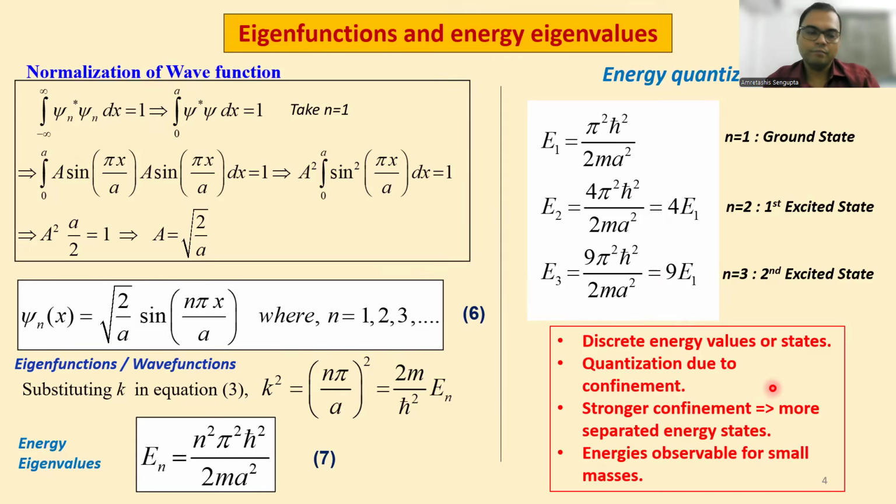If we make the box smaller, the energies will be more sparsely spaced, and all the energies will also rise at the same time. Moreover, the mass should be small enough for these differences in energies to be observable.